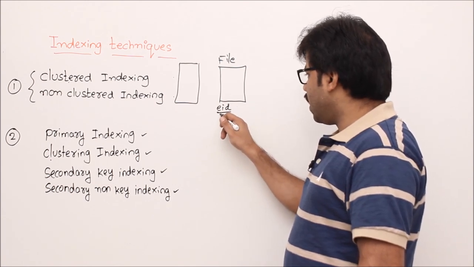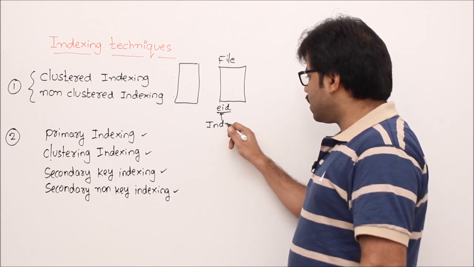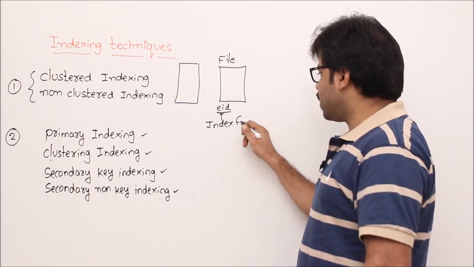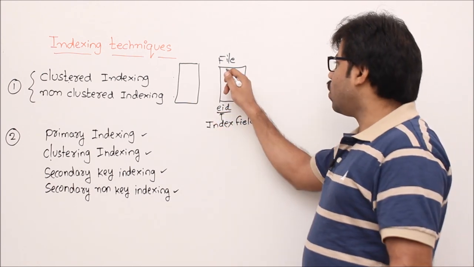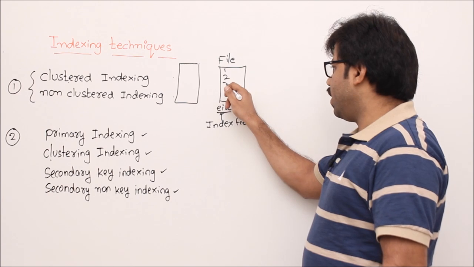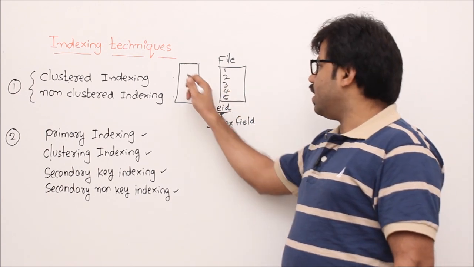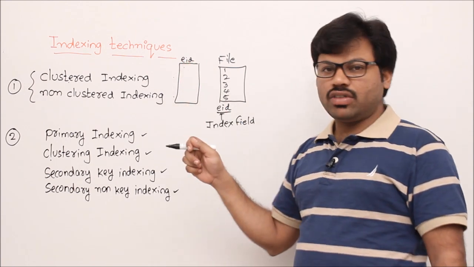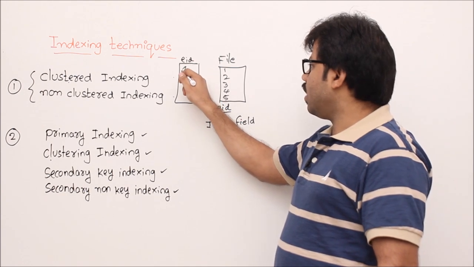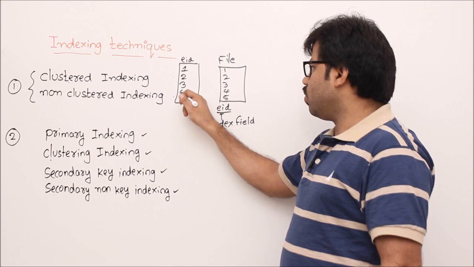Let's say you are applying an index on this field. The index field is employee ID, and your data is sorted on that employee ID field, like this: 1, 2, 3, 4, 5. Now you are creating an index on that employee ID. Obviously, most of the time we create an ordered index, for example 1, 2, 3, 4, 5.